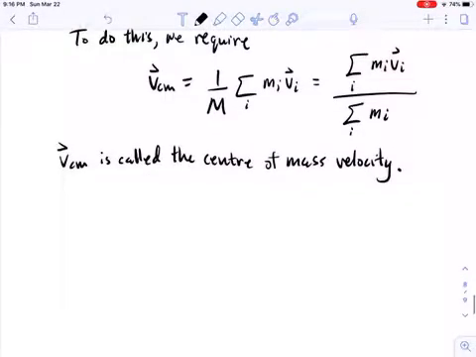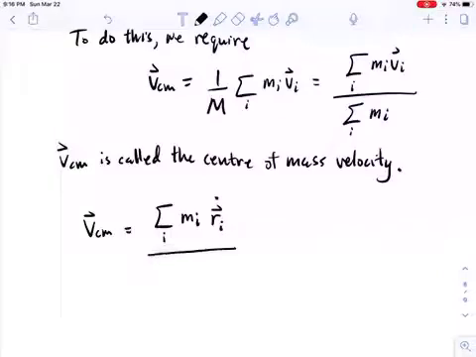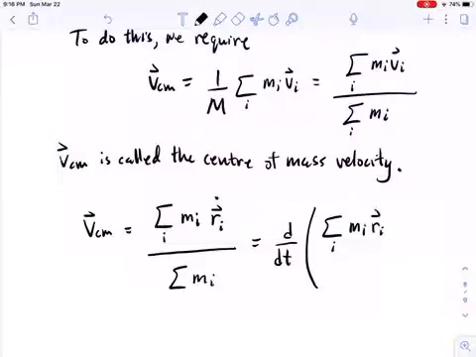Okay, we could write this in another way. We could say, well, the individual velocities vi of our particles is just equal to the time derivatives of the individual position vectors, so they are ri dots. But I could also pull the time derivative outside of this sum such that we could write this as d by dt of the sum of mi ri divided by the sum of mi.